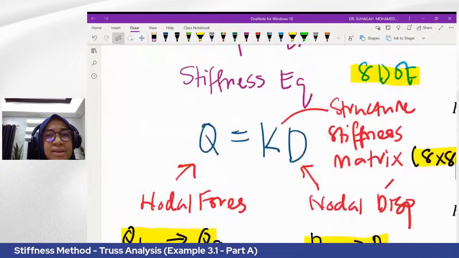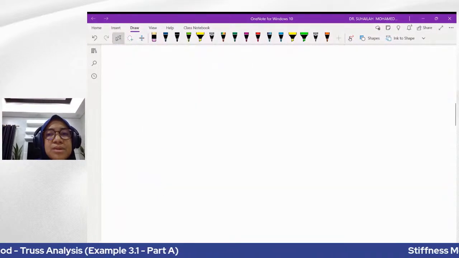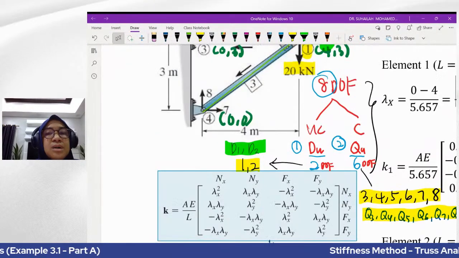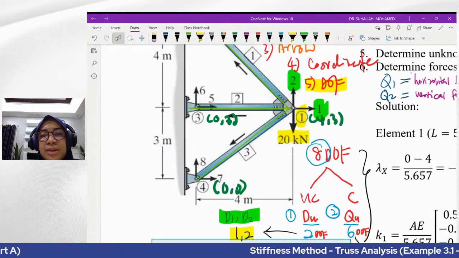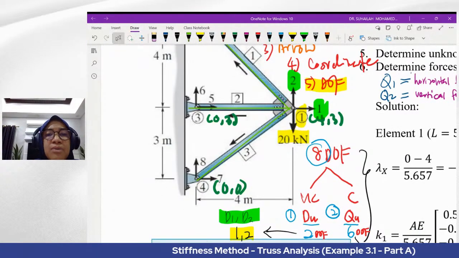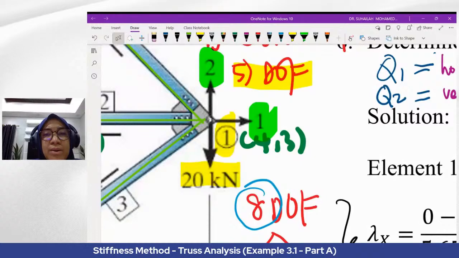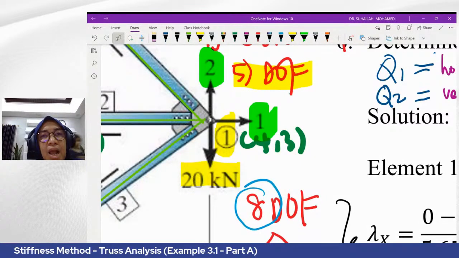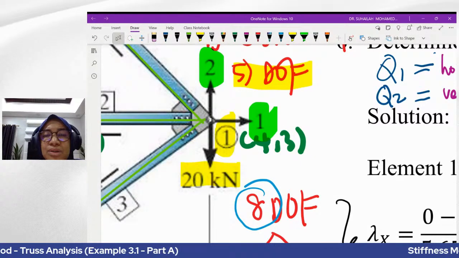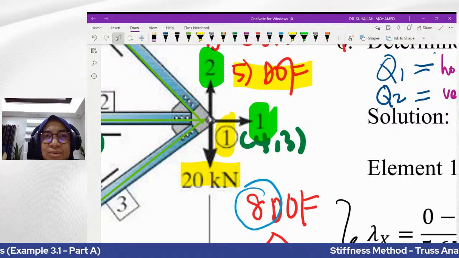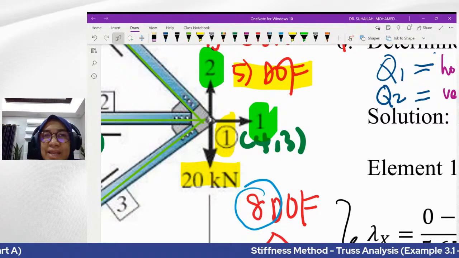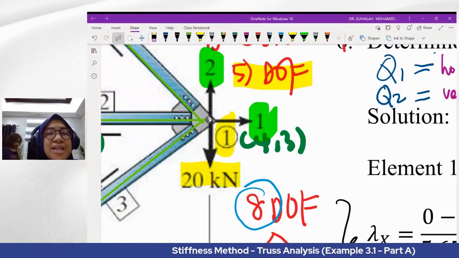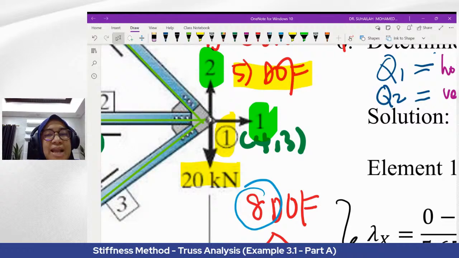Okay, look back at the diagram. What is the value of the vertical force at node number 1? Yes, it is negative 20.